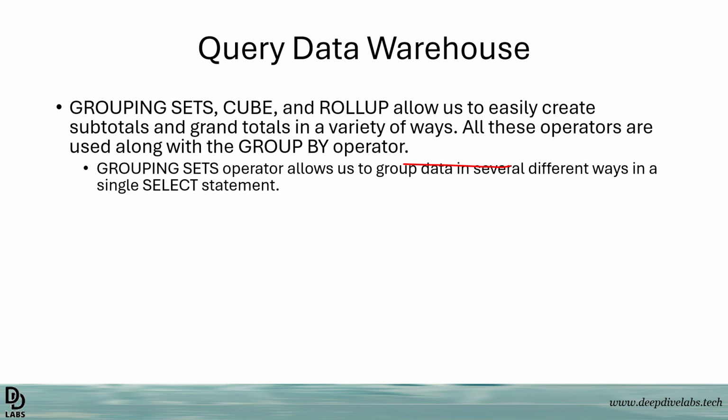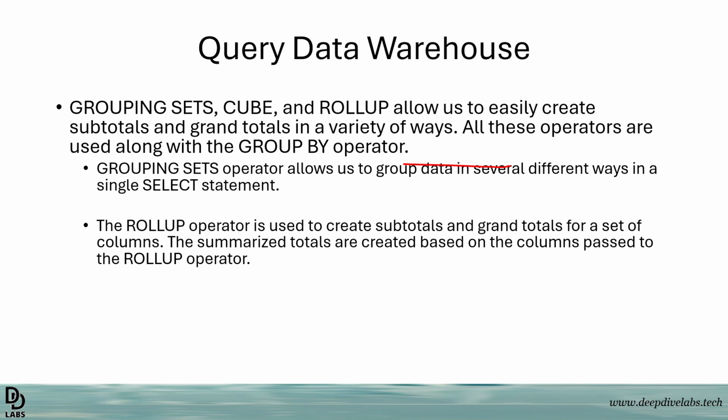The grouping sets operator allows us to group data in several different ways in a single select statement. The roll-up operator is used to create subtotals and grand totals for a set of columns. The summarized totals are created based on the columns passed to the roll-up operator.